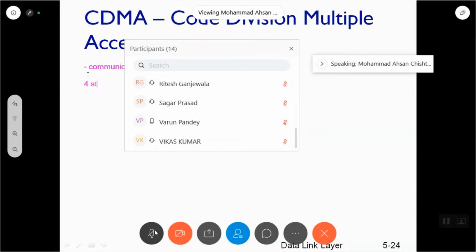Now we have, let's say, four stations, explaining this in terms of networks: 1, 2, 3, and 4. We have the same channel. We have data D1, D2, D3, and D4.